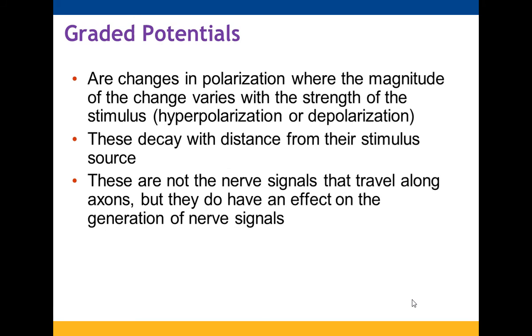Graded potentials are polarization changes where the magnitude of your change will vary depending on your stimuli. Depending on how far they are away from your stimulus source, you're going to lose that magnitude as it gets further away. It's going to decay. So these aren't the actual nerve signals, but they have an effect on generating them.